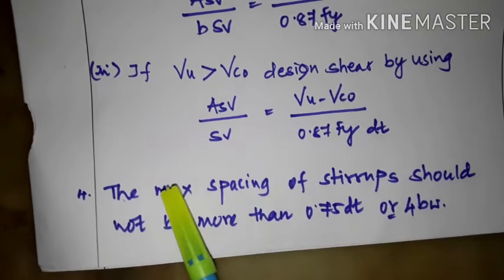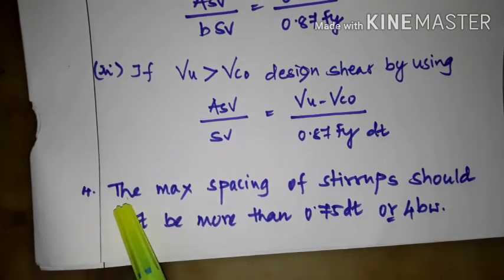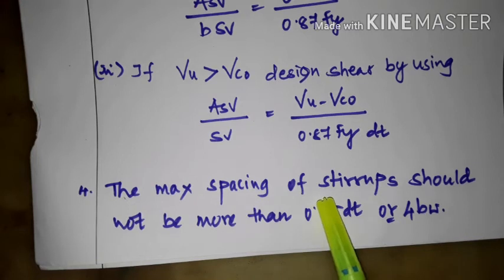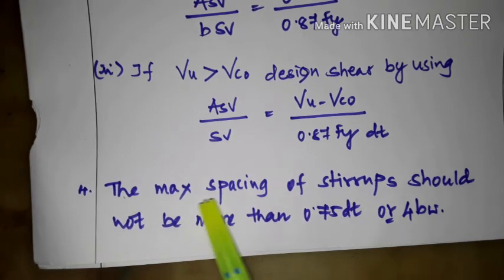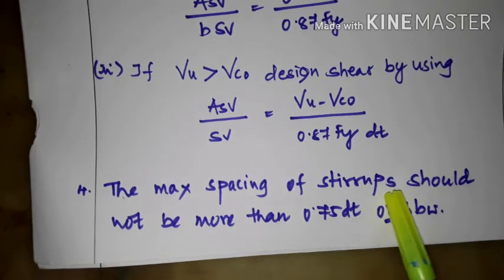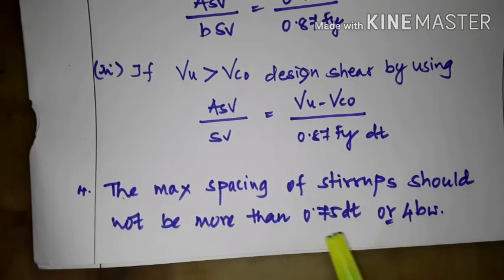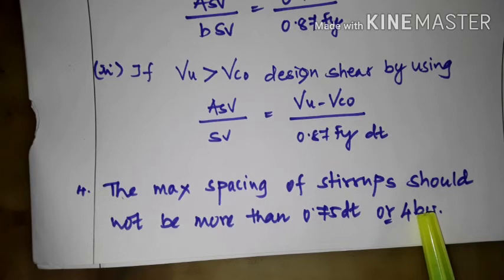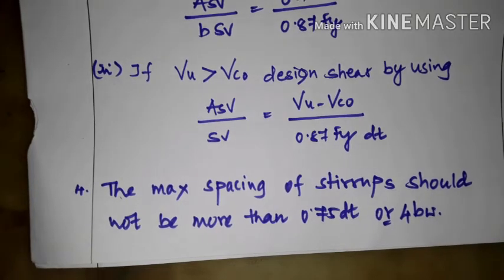Then the next step, which is important, is the maximum spacing of stirrups. It should not be more than 0.75 times dt or 4 times bw.